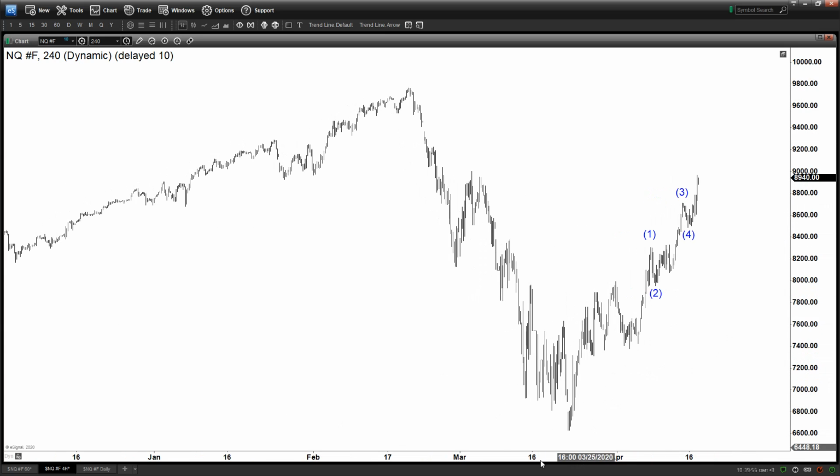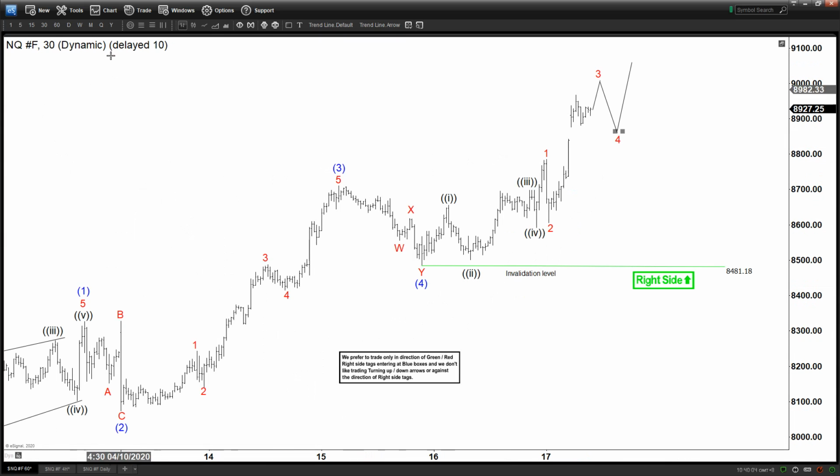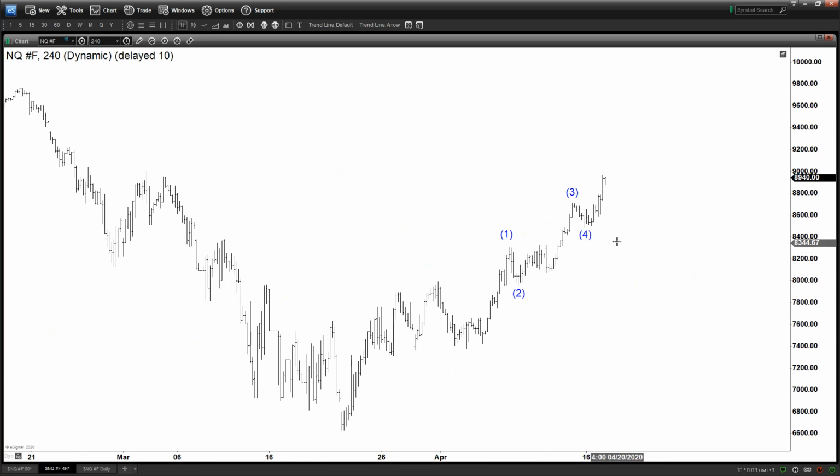Now look at the rally. The structure is impulsive. This is 1, 2, 3, 4 in blue. If we take a look at the previous short-term chart, this is the 3 and 4, so the same 3 and 4. This is the 1 and 2. So we're talking about 5 waves up that start from this low here, from April the 2nd.